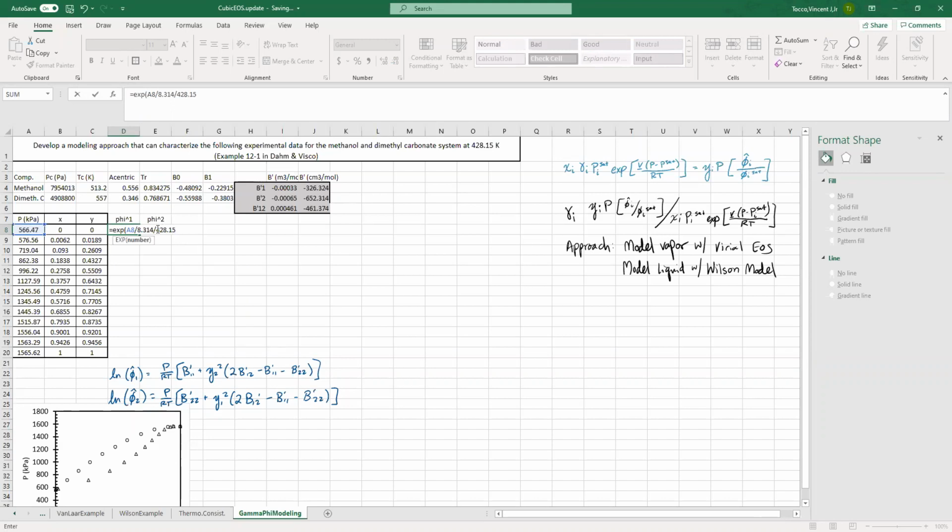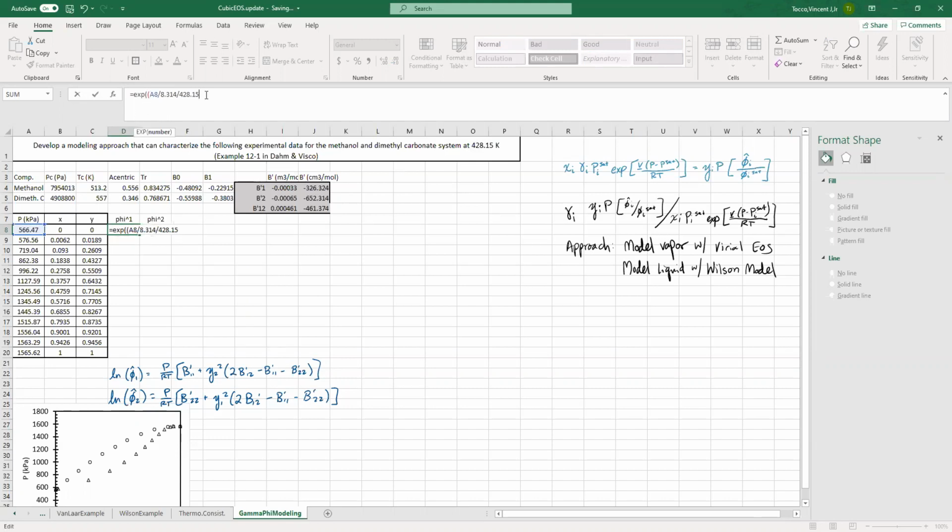I should have temperature in a cell, and I should reference the cell just in case I wanted to do a different temperature later. But since temperature is constant, sometimes it'll be a little bit more keystrokes, but when I'm going back and looking at my equations, it could be clearer to use the actual number rather than a cell reference if it's a number that doesn't change. So instead of writing 8.314 in a cell and then referencing that cell, maybe I'll just keep it as a number in order to increase the clarity.